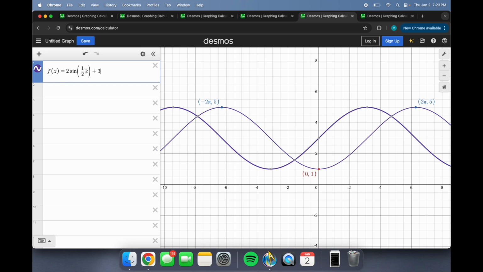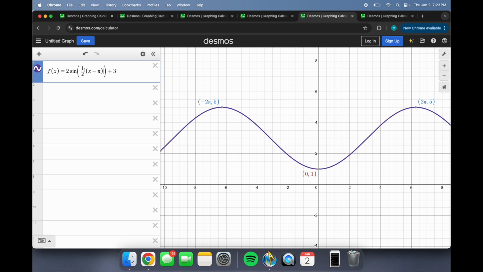If you're not familiar with function transformations, you might want to do a review on that, but we need to replace x here with x minus pi, and that shifted to the right pi, and now we have exactly the function that we want.